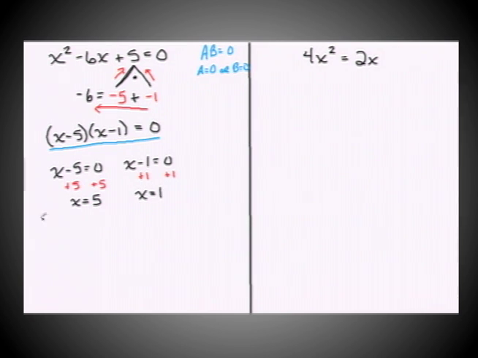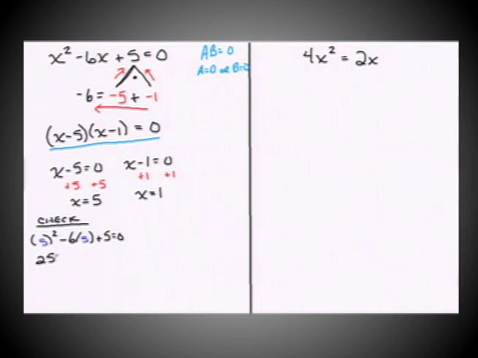So to check them, we plug in each potential solution separately into the original equation. So my original equation is x squared minus 6x plus 5 equals 0. And I'm going to come back and plug in 5 to check the first one here. So 5 squared is 25.